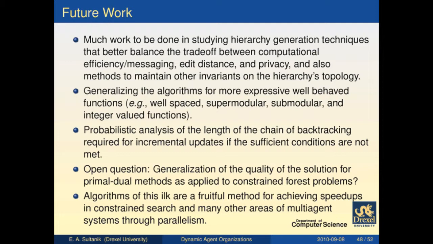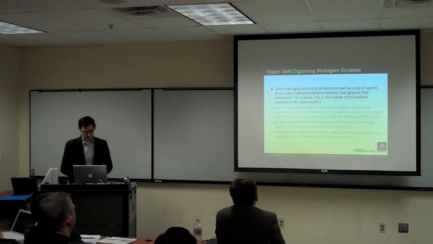And it's still an open question as to whether the 2 approximation result can be further generalized such that we relax the types of requirements that were needed for our current guarantees to hold. But ultimately, we believe that algorithms of this type are useful in creating distributed algorithms for multi-agent organization.